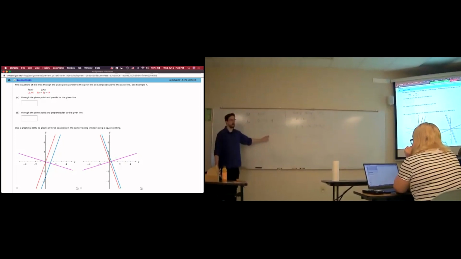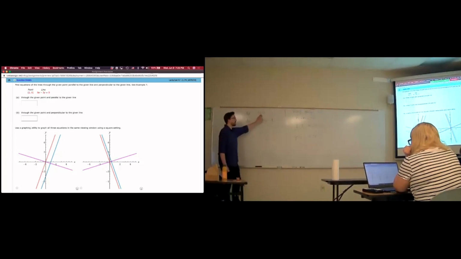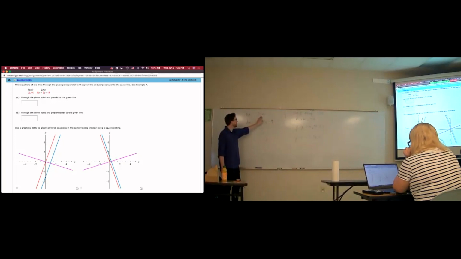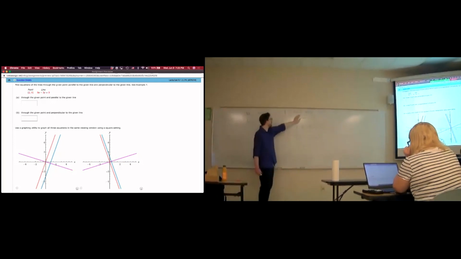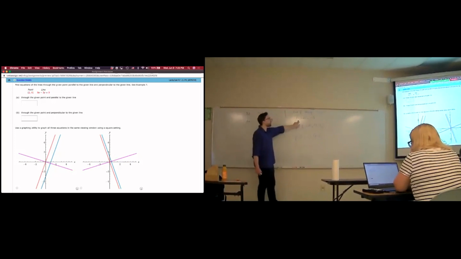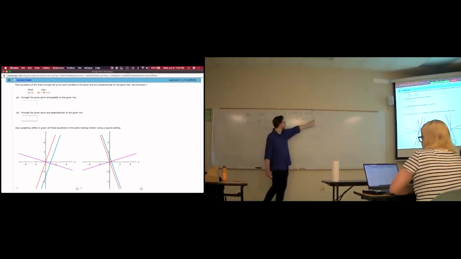That'll give you your slope right away. So we have the slope of our first line. We know the point that we're concerned with. That's going to be 2, 0. We're going to get that point for both parts of this problem. Now in the case when we want the line that's parallel, that means slope 2 is going to have to be equal to slope 1. So slope 2 is going to be 3.